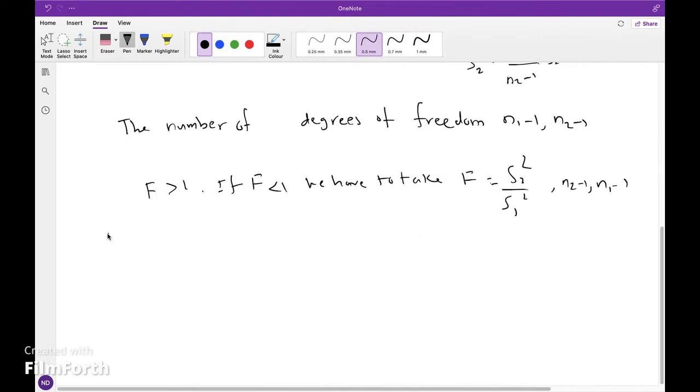Conclusions. Accept the null hypothesis if the calculated value of F is less than the table value.